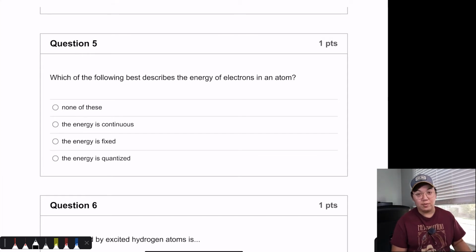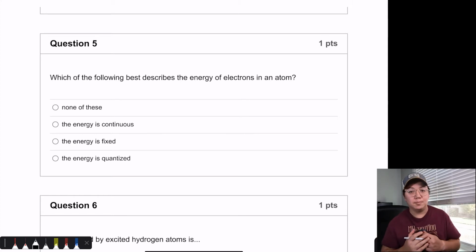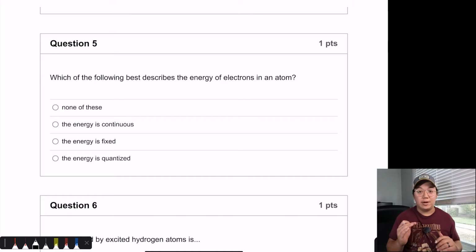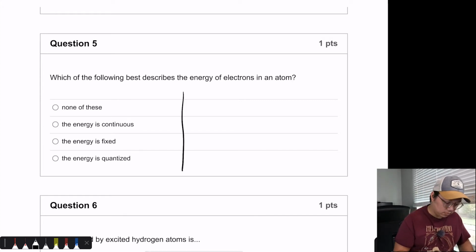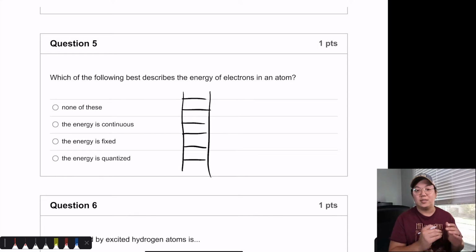So quantized means that it falls into certain levels, which is why in the book, and I believe in the slides I also mentioned this, that energy is like walking up and down a ladder or stairs, but these rungs on the ladder are at different heights. So you can only stand on each of the individual rungs on the ladder. You can't stand on a place in between.